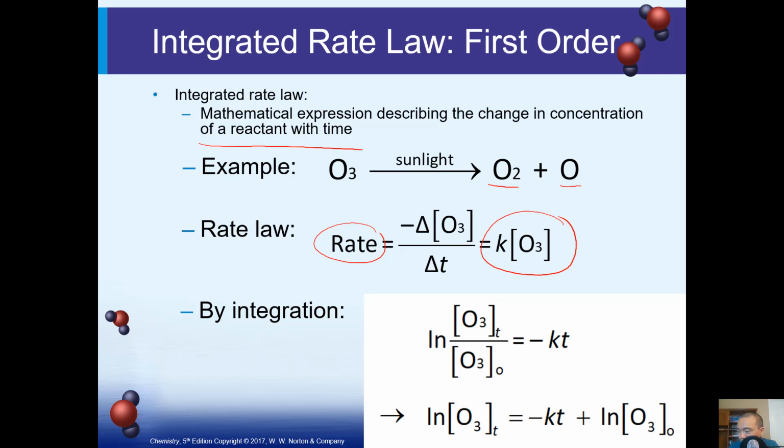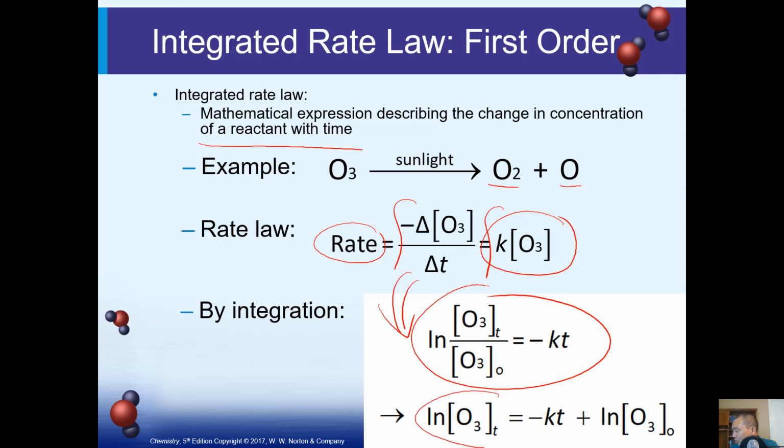When we do an integration of this particular rate law, then you will have these 2 equivalent equations for the first order reaction. These 2 are equivalent, which tells you the logarithm of the ratio of current concentration. This t means current concentration. This 0 means initial concentration.